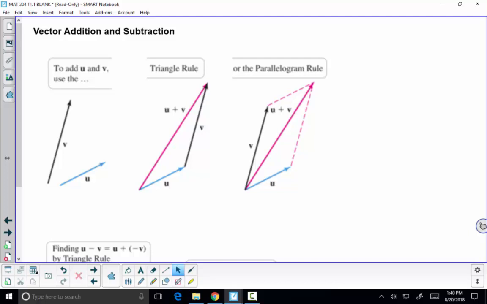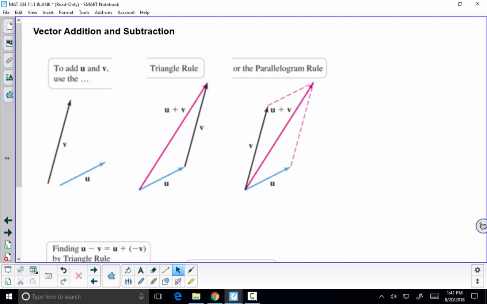Maybe you're doing a navigation problem and you've got the direction that you're heading and then the direction of the wind. So maybe it makes more sense to put your vectors so that they share a common initial point. So if this is the direction you're heading in a plane, and that's the direction the wind is blowing, put them that way and use the triangle rule. Totally fine. Or maybe for whatever reason you want to use the parallelogram rule.